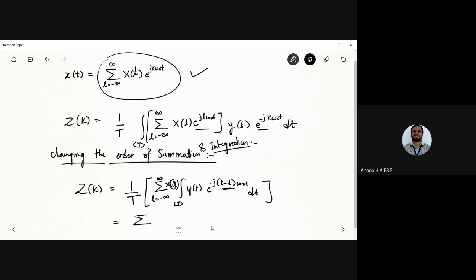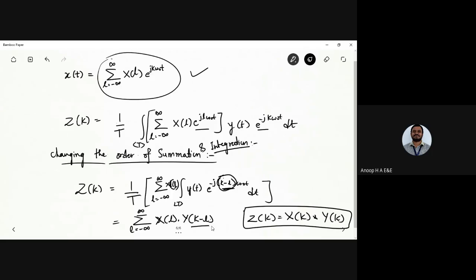That would be sigma l equals minus infinity to plus infinity, x of l into y of k minus l. So z of k would be equal to x of k convolved with y of k, the simple multiplication in time becoming convolution there.